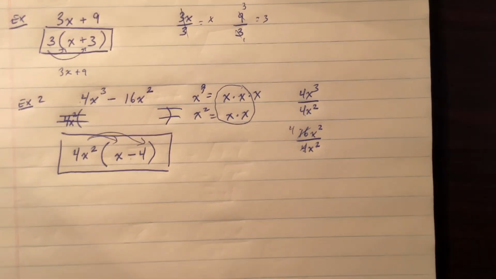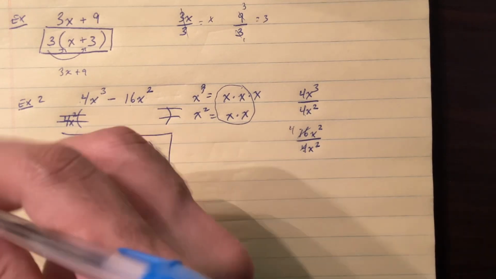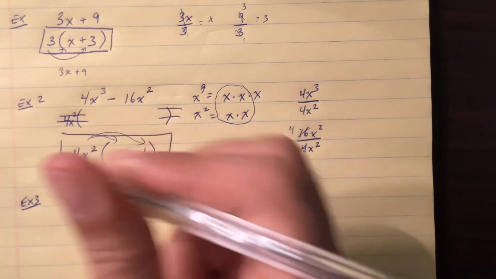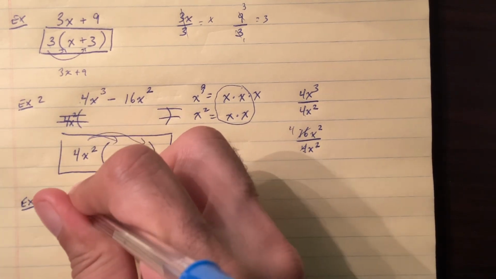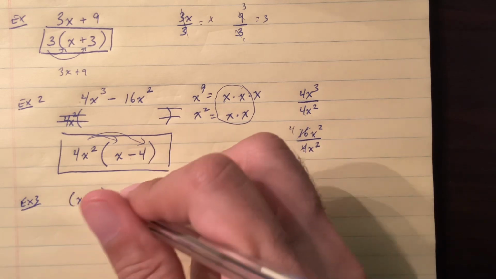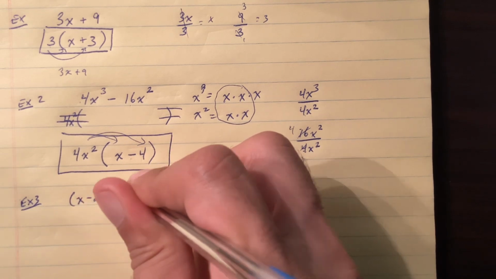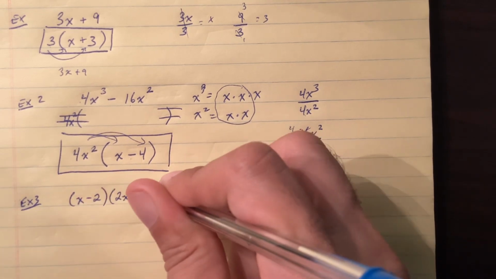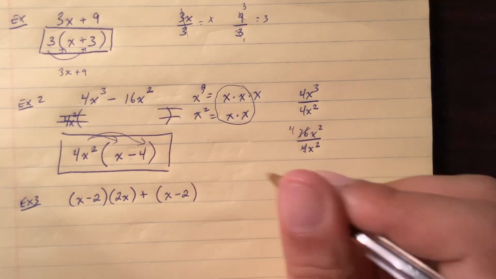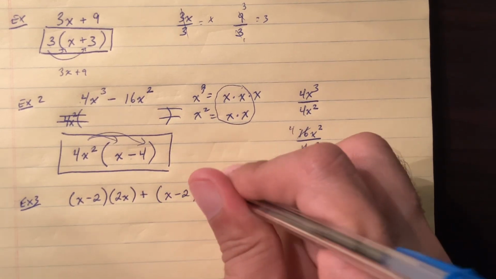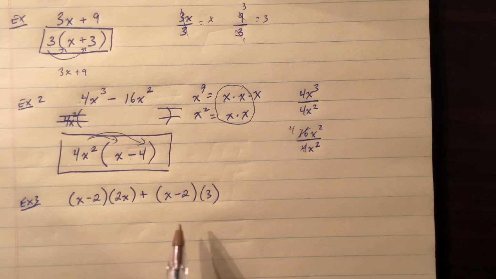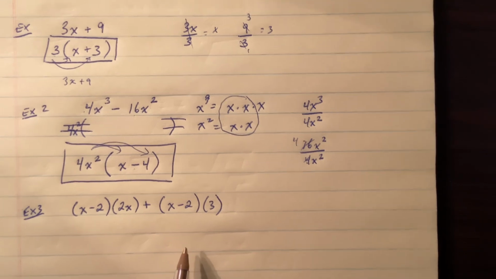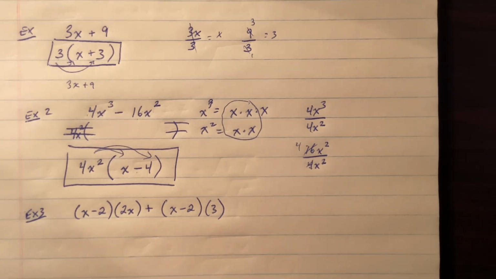All right, we're going to do one more. Let's take a look at this. Example 3. x minus 2 times 2x plus x minus 2 times 3. All right. This looks a little bit different, but not too much.